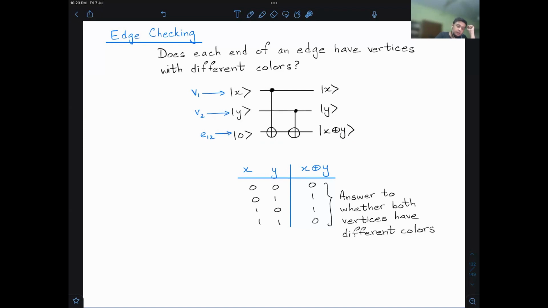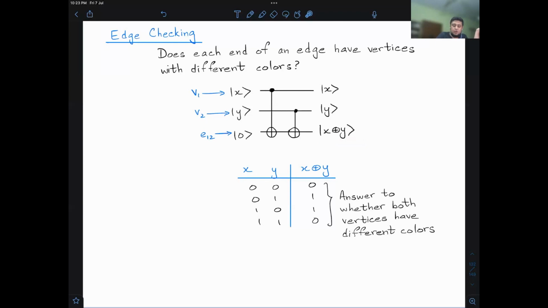And note now, if you imagine this X and Y as being the qubits representing the vertices of a given graph, then this new qubit is essentially our edge check, where it will take the value 1 if these two qubits are colored differently, and it will take the value 0 if they're colored the same.